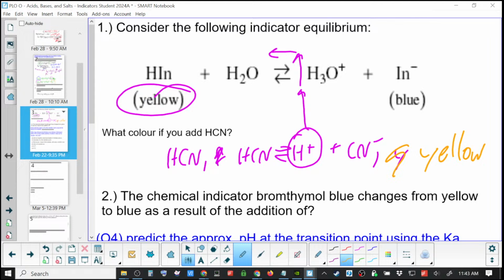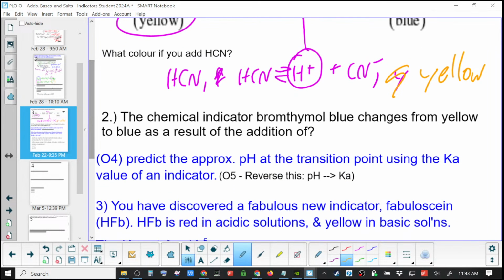If you add acid, you get the acid form, HIn. If you add base and it goes this way, you get the basic form. It can help when you're quickly looking at things. Red, yellow. Where do you see this?